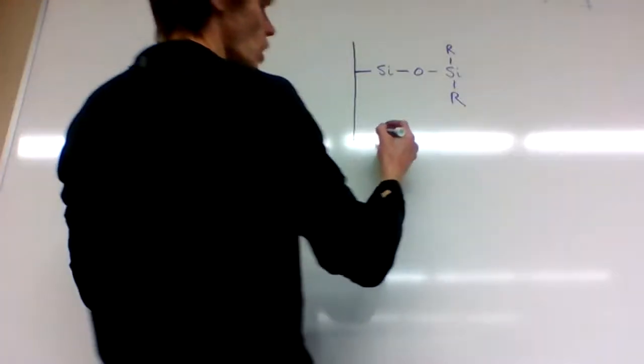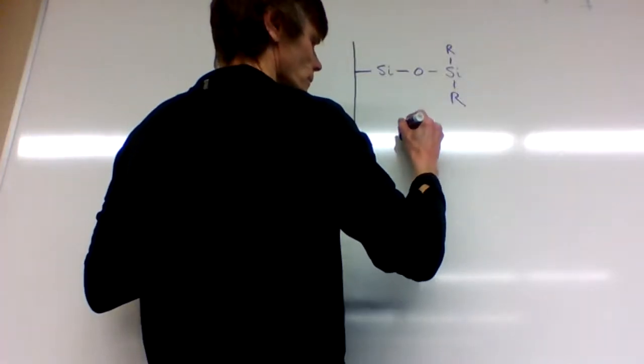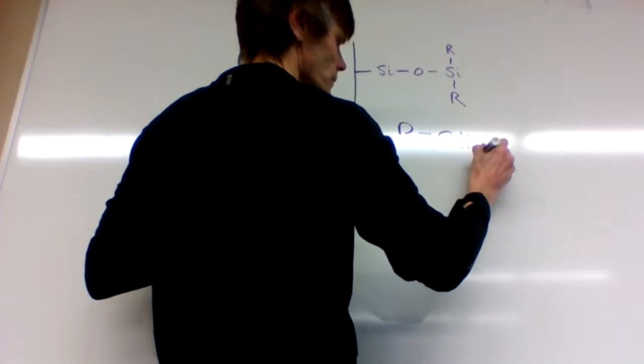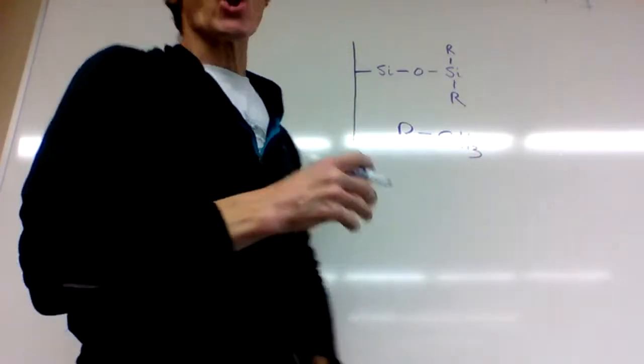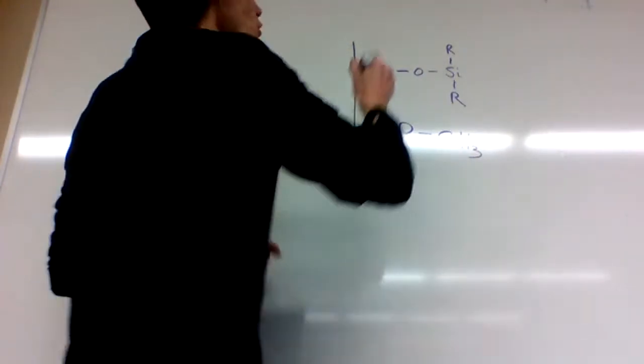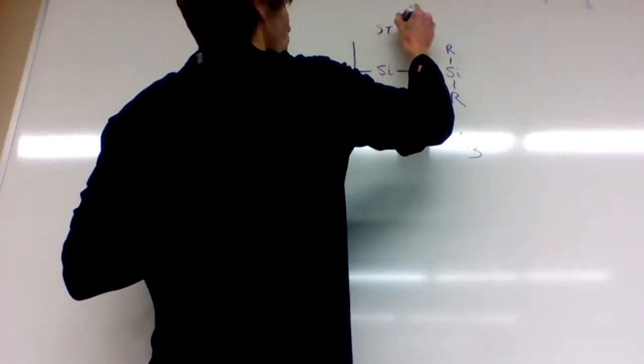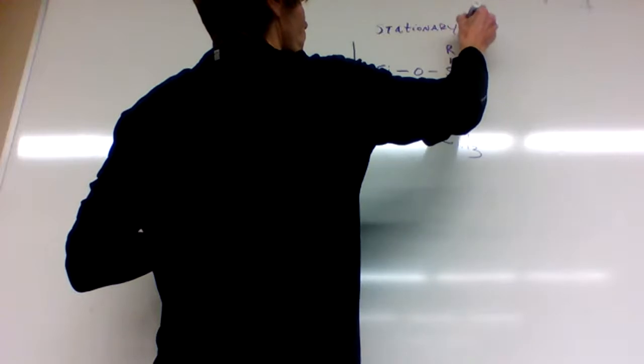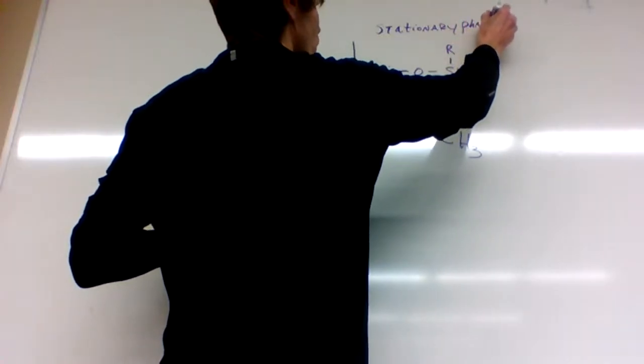For instance, if the R group is CH3, we have a fairly non-polar stationary phase. So that's our stationary phase.